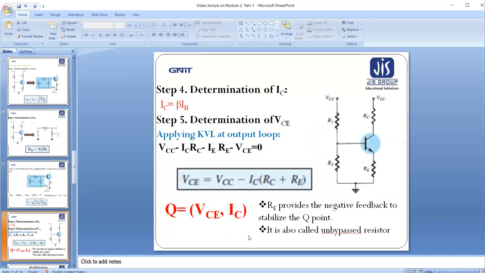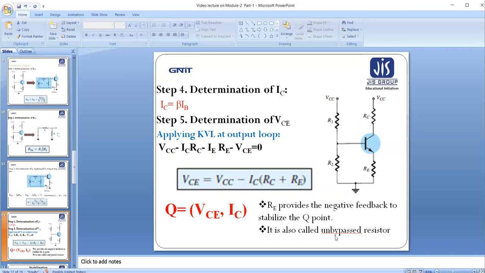That's why this emitter current provides the negative feedback to stabilize the Q point, and there is no other external technique to control the Q point location. Rather, this negative feedback automatically controls the Q point location. That's why this circuit is called the self bias.